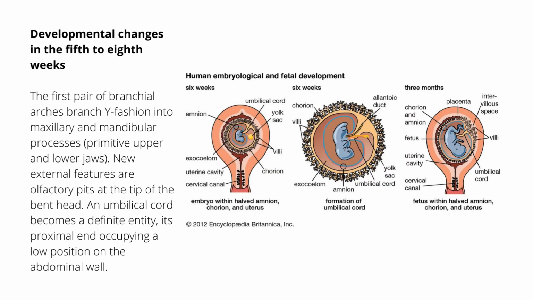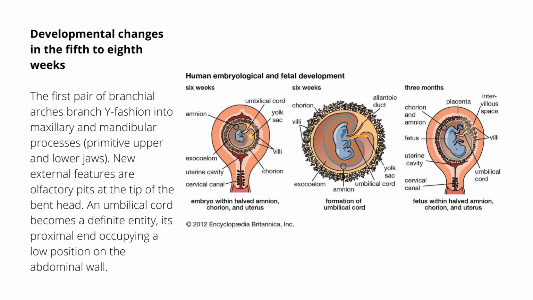So, developmental changes in week 5 up to week 8. A 5-week embryo is about 8 millimeters long, whereas at 6 weeks, the length is about 13 millimeters. New external features are the olfactory pits, the nose, at the tip of the bent head.